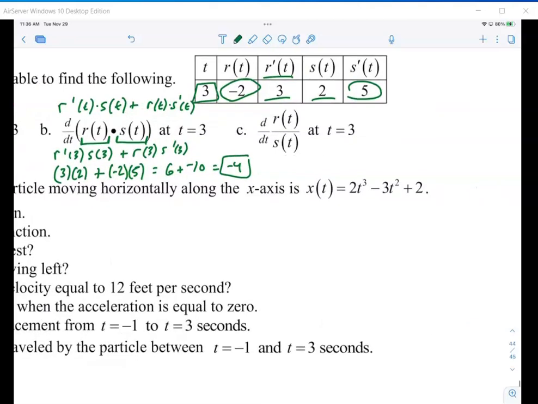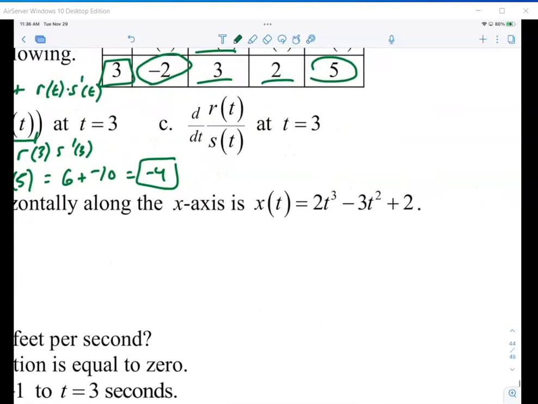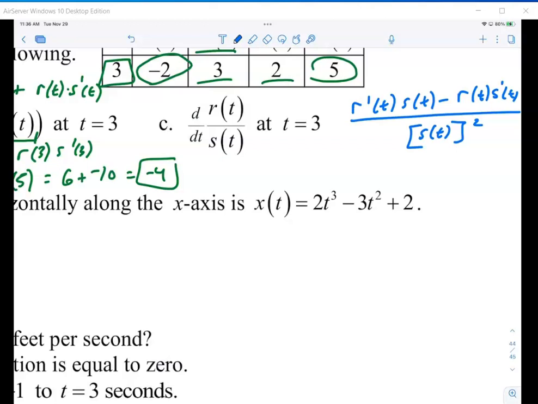All right. And then for part C, I'm going to do a quotient rule. Now, the quotient rule goes like this: derivative of the top times the bottom minus the top times the derivative of the bottom, over the bottom squared.